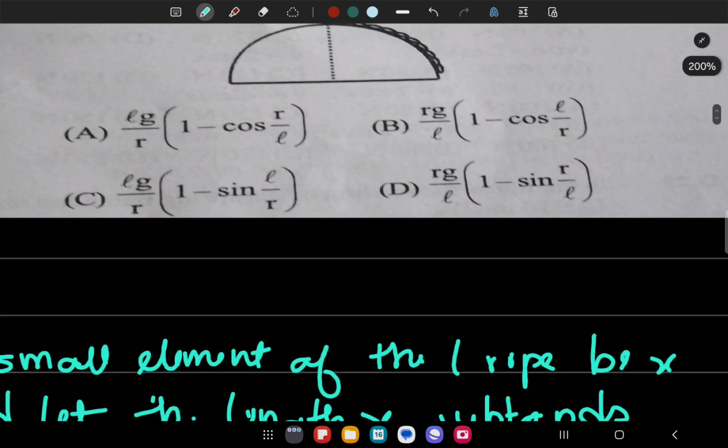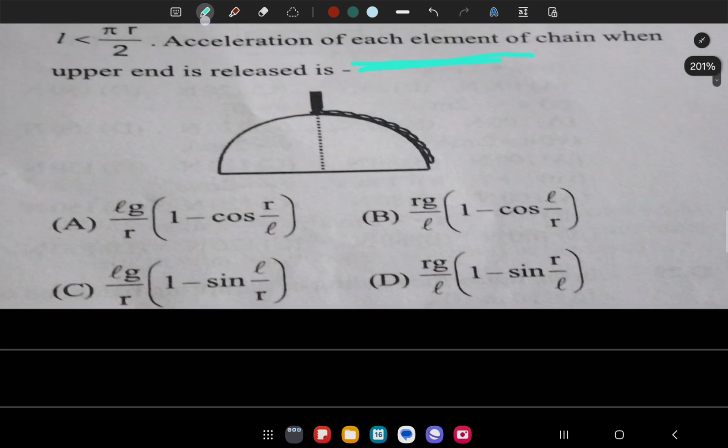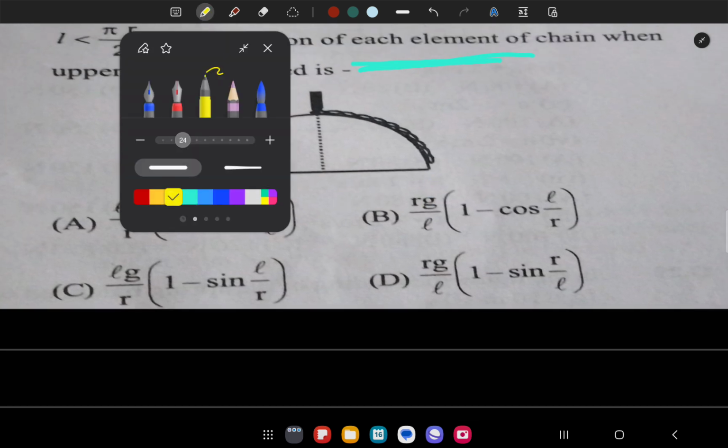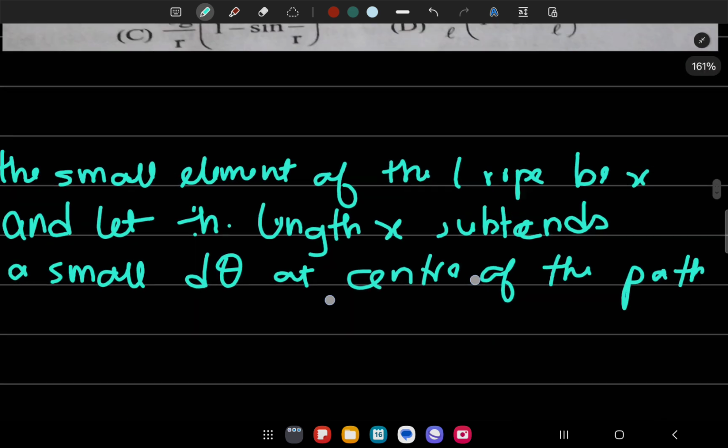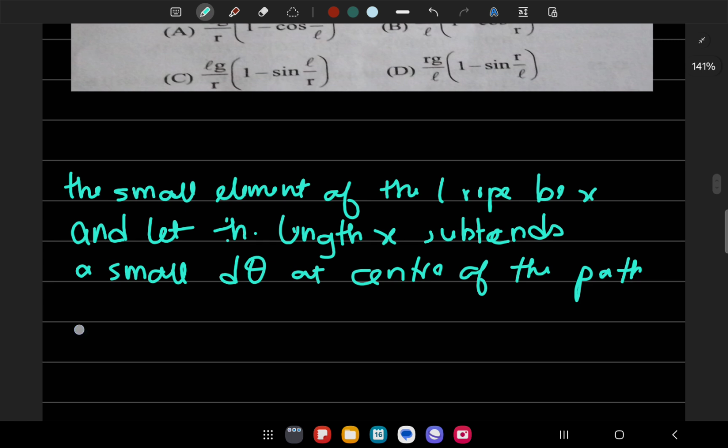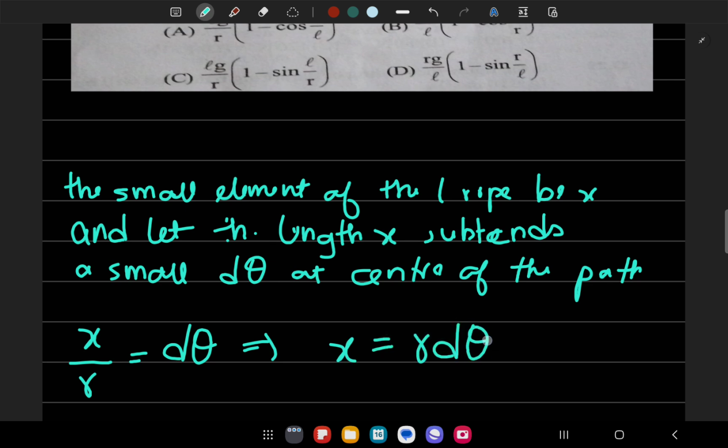Suppose we are taking a very small element of the rope like this, and it is subtending an angle like this. This small angle I am naming d theta. We know that x by r is equal to d theta, so x is equal to r d theta.